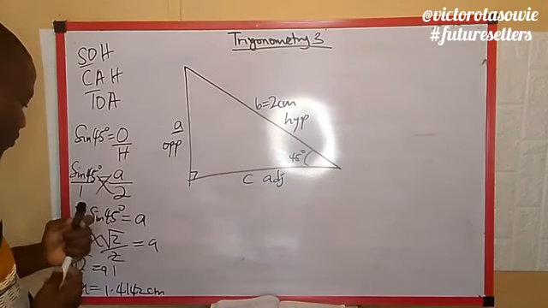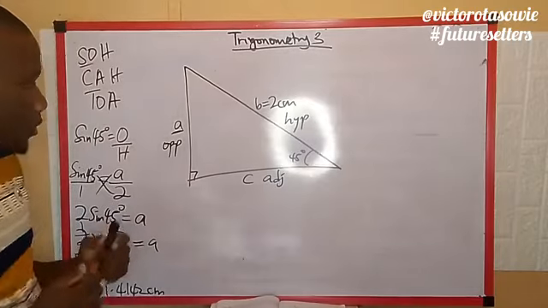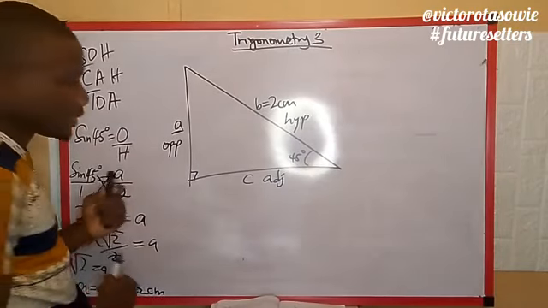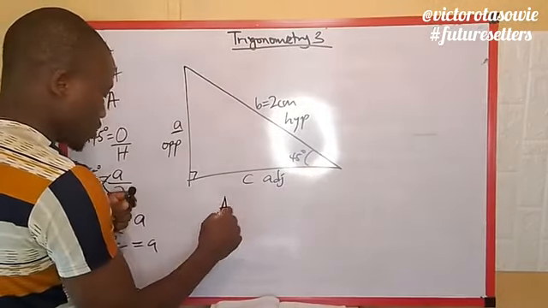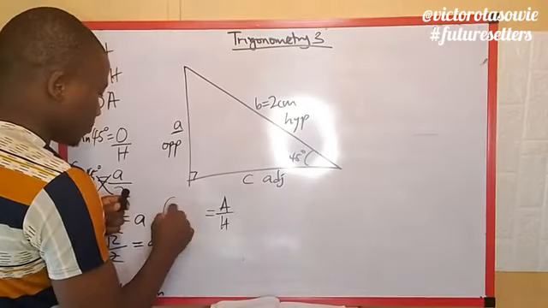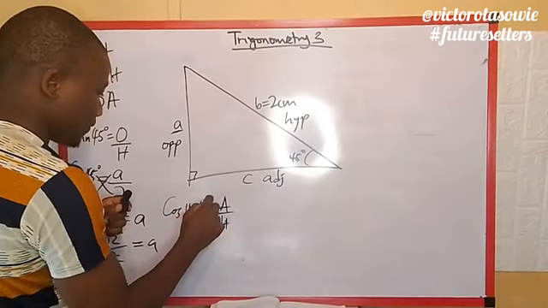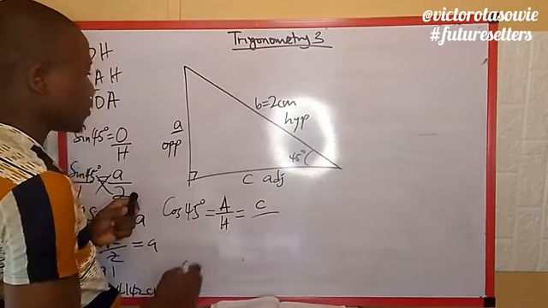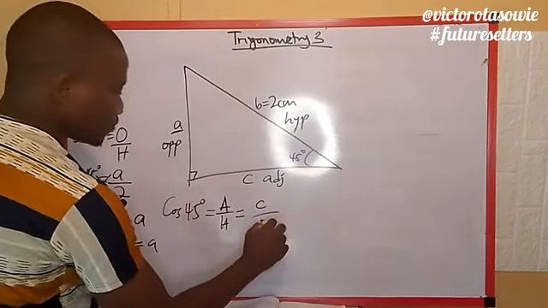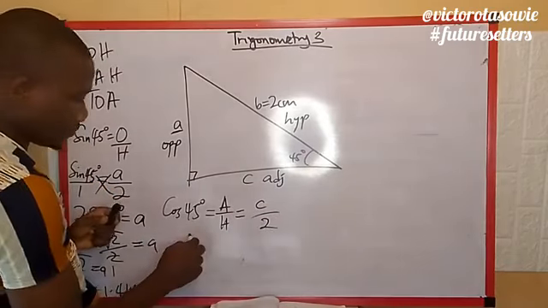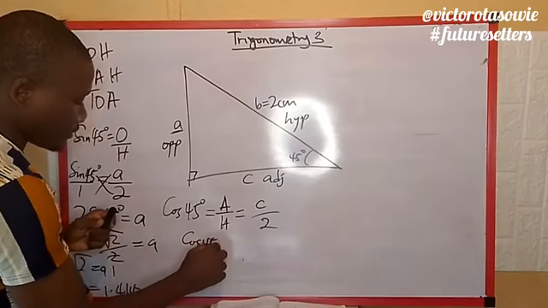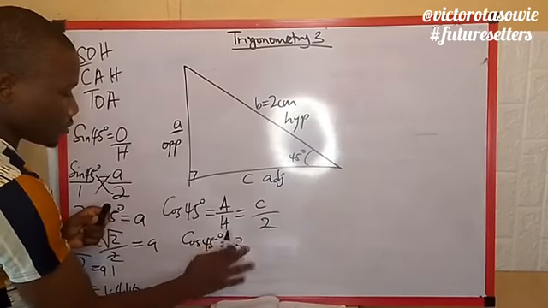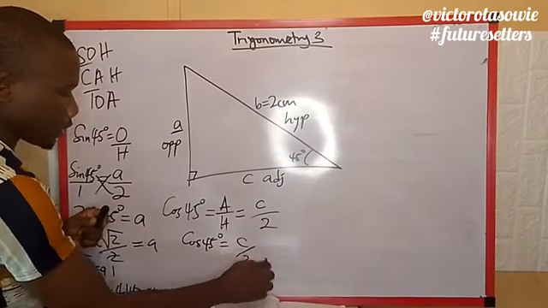That's the first part. Then also, if we are going to work on C, C is our adjacent. If we are working on adjacent over hypotenuse, we know that we are going to be working with cos 45 degrees. What's our adjacent? Our adjacent is C. Our hypotenuse is 2. So we have that cos 45 degrees is equal to C over 2.